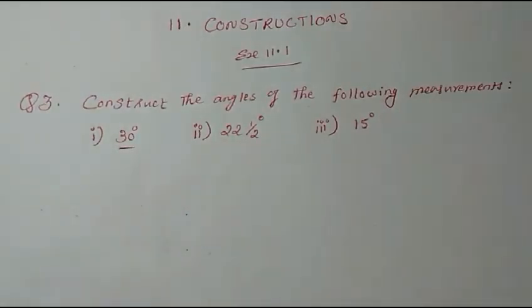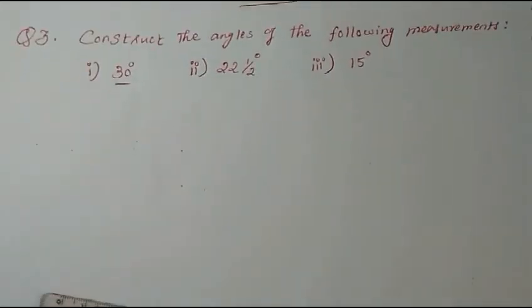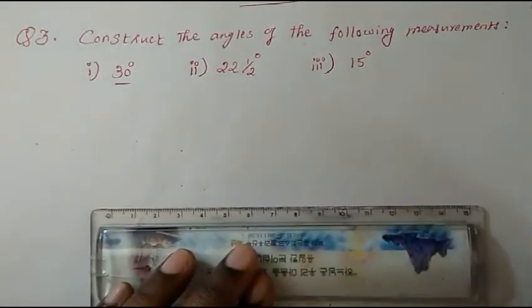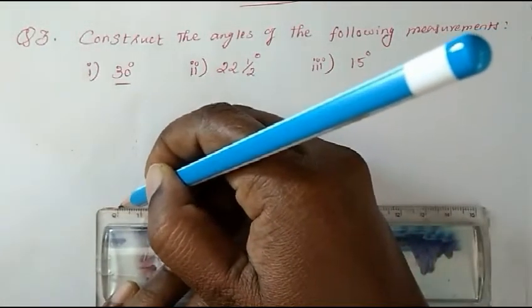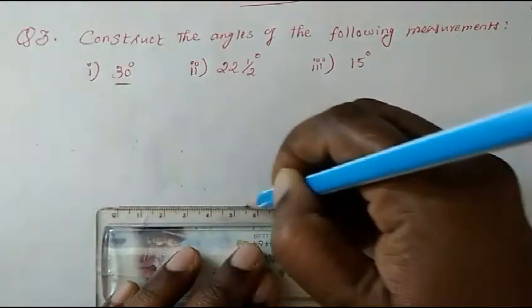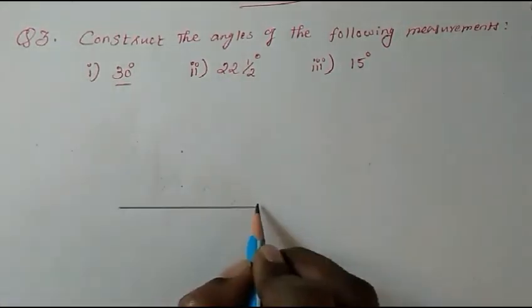First you have to draw a line, just randomly one line. Then you can name it: this line is a ray.